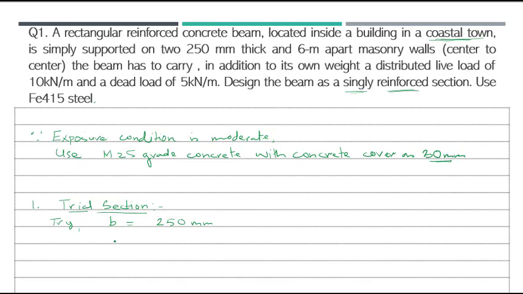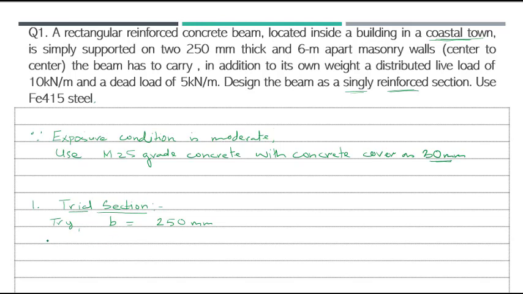Now next we have to select the depth of the beam. This depth is ultimately going to control the deflection in a beam. If you have more depth in the beam, it means you will get less deflection.